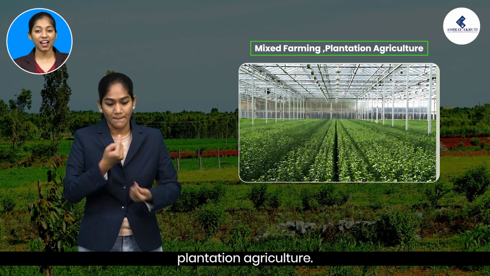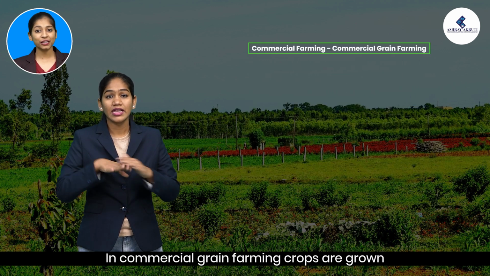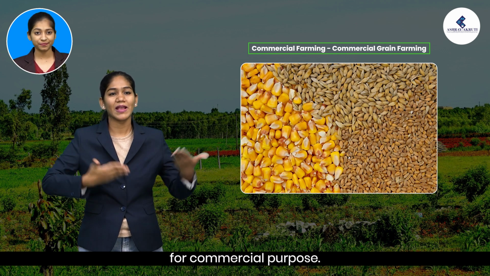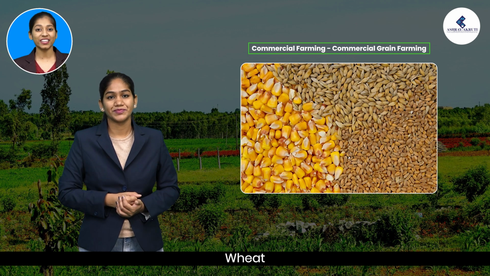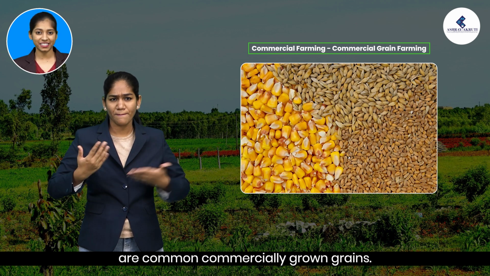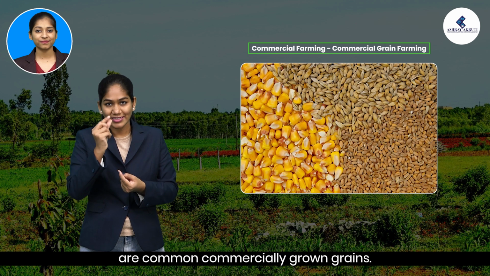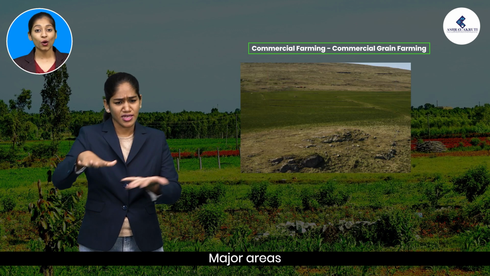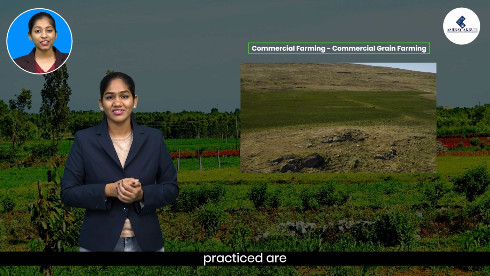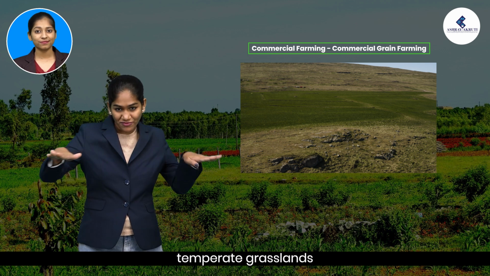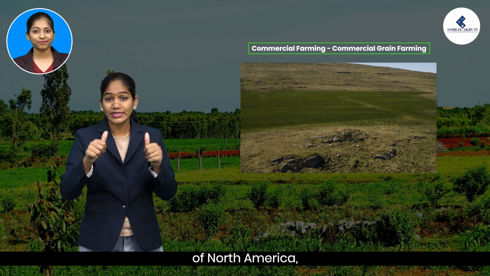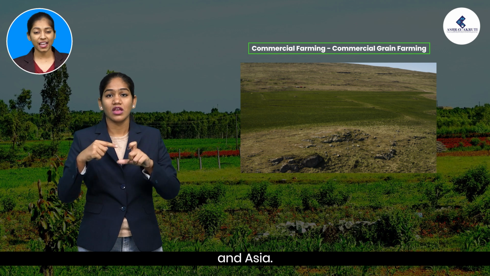In commercial grain farming, crops are grown for commercial purpose. Wheat and maize are common commercially grown grains. Major areas where commercial grain farming is practiced are temperate grasslands of North America, Europe, and Asia.